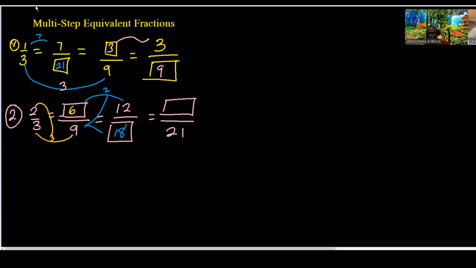And we cannot compare these two. It's not possible, okay? Then we can compare from the front to this place. 3 times what gives me 21? That is 7. So 7 times 2.